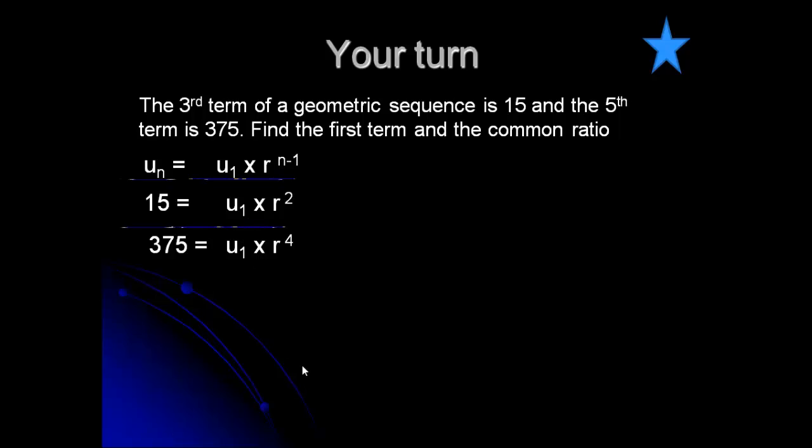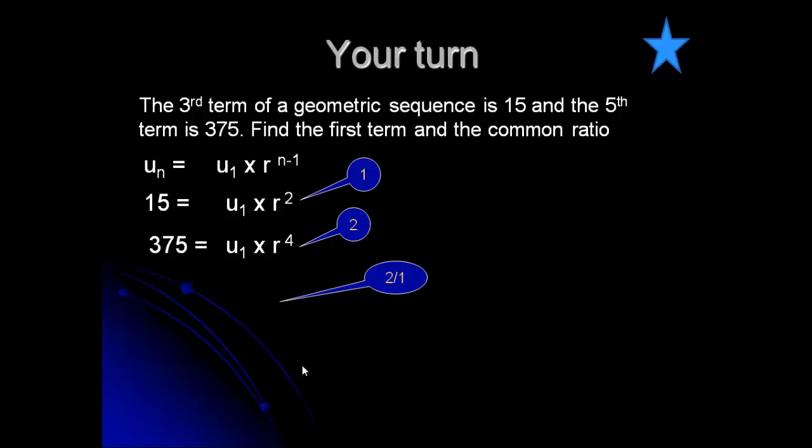If we divide these, we get 375 over 15 equals, well, this is going to cancel down. The u1's cancel, the r squared goes into r to the 4, and we just get r squared. Equals 25.